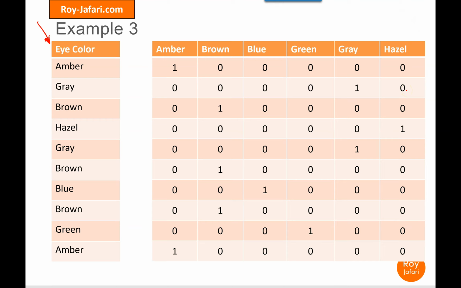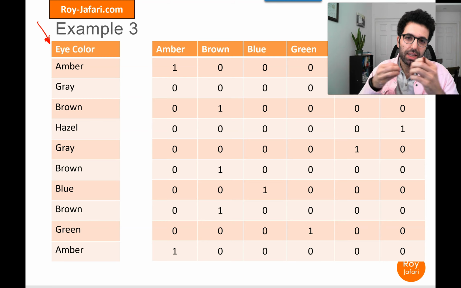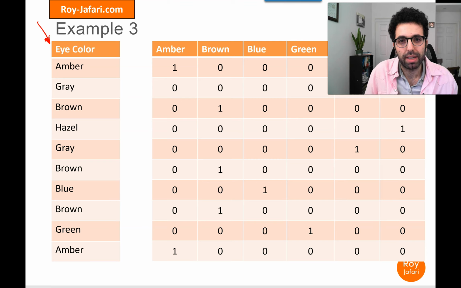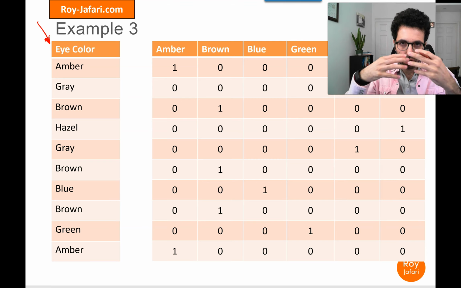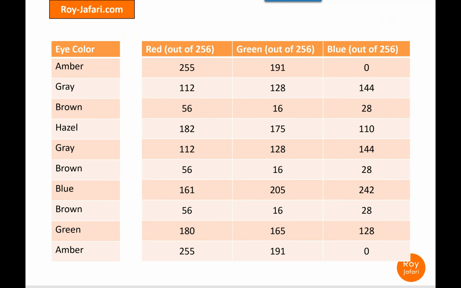We could have done this, or we could have been a little bit more creative and say, you know what, I want to keep the relationship that these colors have with one another. We could look at these colors as names, but at the same time we could look at them as the visual experience that we have as humans. So we could use the RGB color code that is used to create color in our devices, in our computers, on our cell phones.